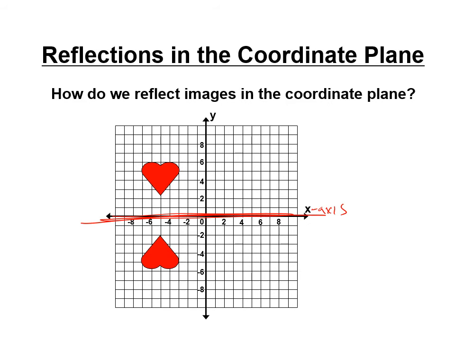So you have to read each problem. And I didn't draw this perfectly because when you reflect something, it should be the exact same distance from whatever you flip it over. So if I reflect it over the x-axis, this tip of the heart should be exactly in the same spot on the other side.